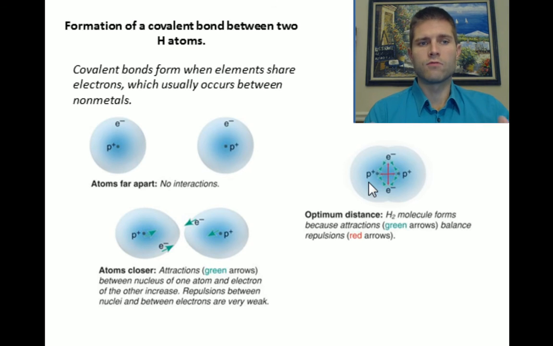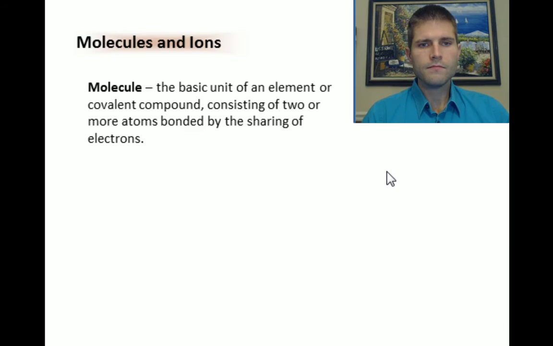It's really hard to rip these things apart. That's because this proton is happy, it has all these electrons next to it, and this proton is happy because it has all these electrons next to it. There's really a dense soup of electrons in between these two protons. So this is the idea of what happens in a covalently bonded system.